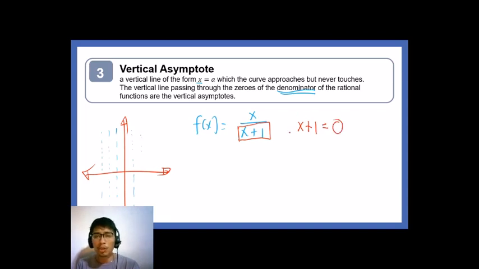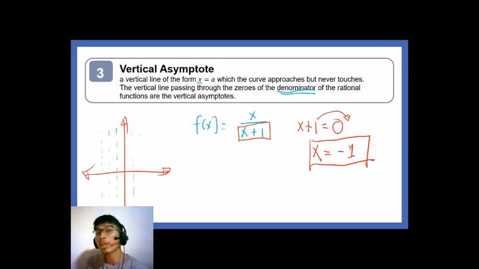Meaning your denominator should be equated to 0. Once you equate that to 0, you look for the value of x. Simply transfer this positive 1 to the other side. It will become x is equal to negative 1. So basically, your vertical asymptote here is x is equal to negative 1.